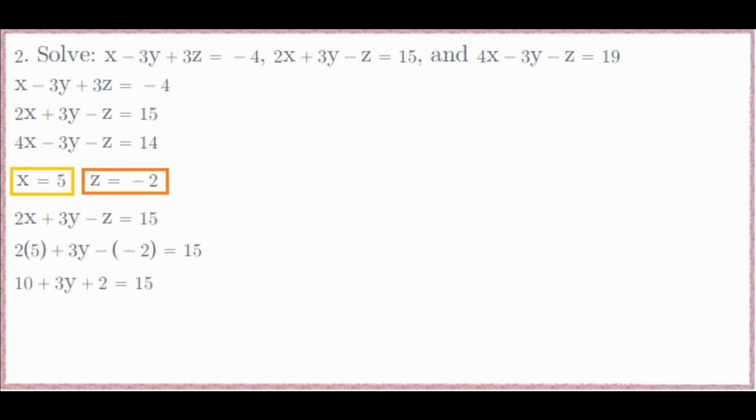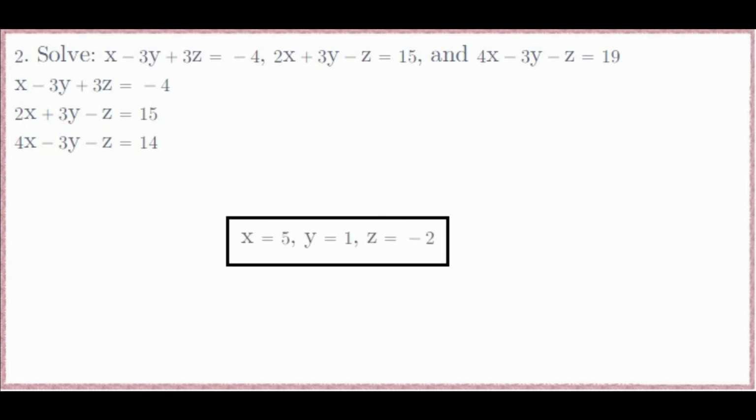So we get 10 plus 3y plus 2 equals 15. So then we get 3y equals 3, y equals 1. So we end up with a final solution of x equals 5, y equals 1, and z equals -2.